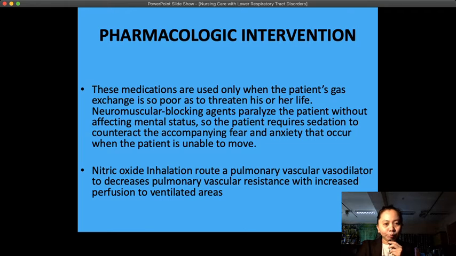We will be using medications that are used only when the patient's gas exchange is so poor as to threaten his or her life. Neuromuscular blocking agents paralyze the patient without affecting mental status, so the patient requires sedation to counteract the accompanying fear and anxiety that occur when the patient is unable to move. Okay, the nitric oxide inhalation.